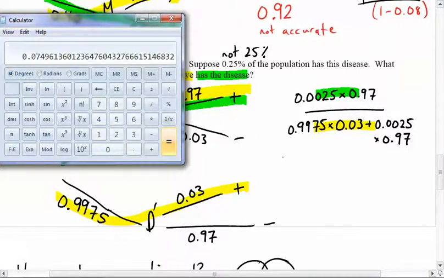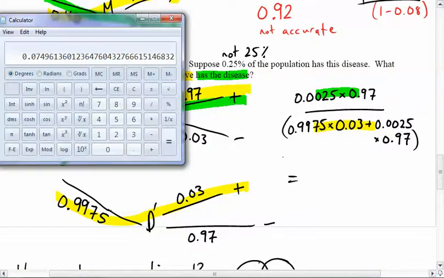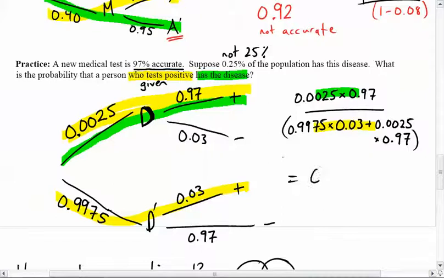So did you get 7.5%? Make sure you have your brackets around the denominator. Rounds off to about 7.5%.